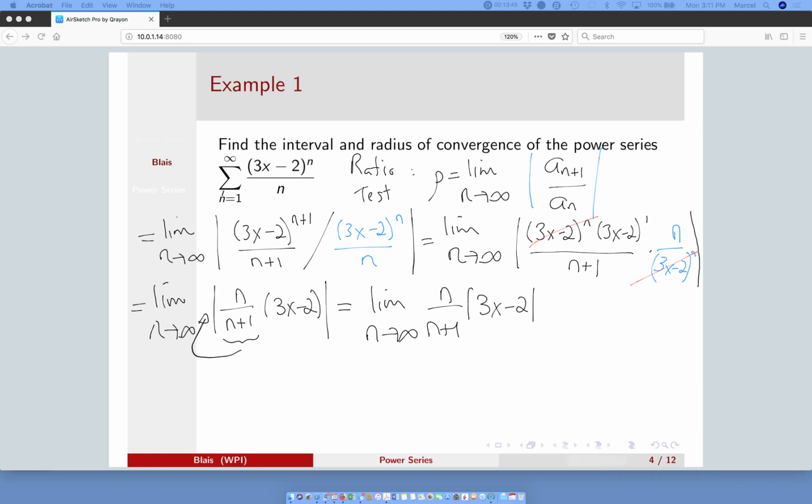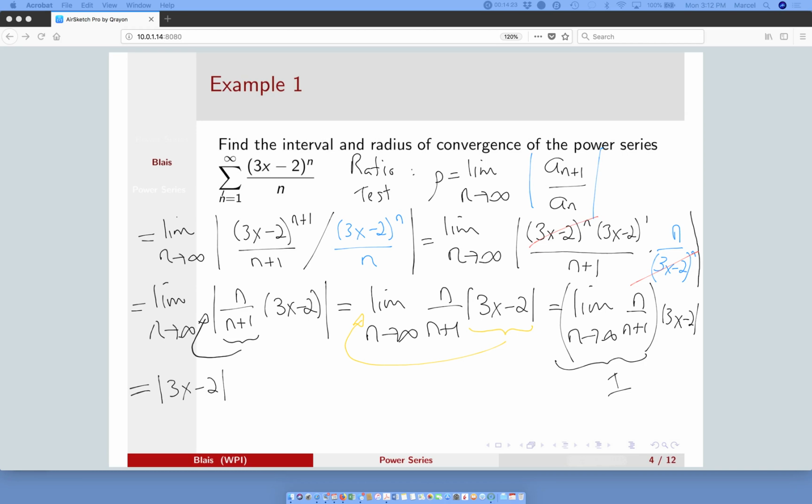And we note 3x minus 2 does not involve any n term, which means that can be brought outside of the limit. So this becomes the limit as n goes to infinity of n over n plus 1 times the absolute value of 3x minus 2. And this limit, we can check, is 1. And so this gives us the absolute value of 3x minus 2.